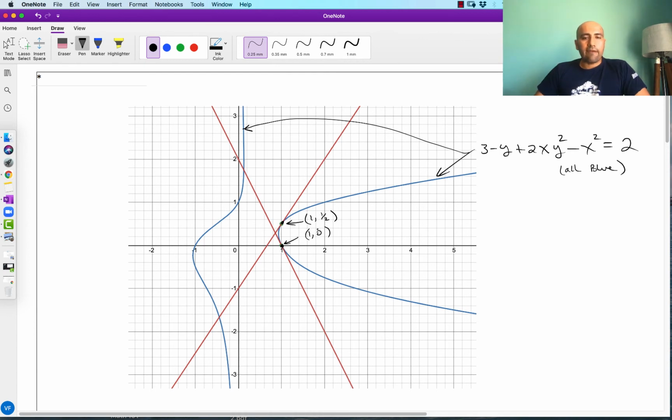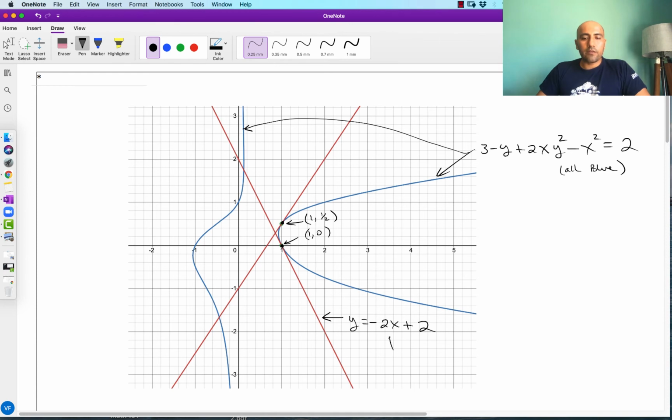Good. And then after doing a bunch of work, we figured out the tangent lines at those points. The tangent line at (1, 0) is this equation, y equals negative 2x plus 2.